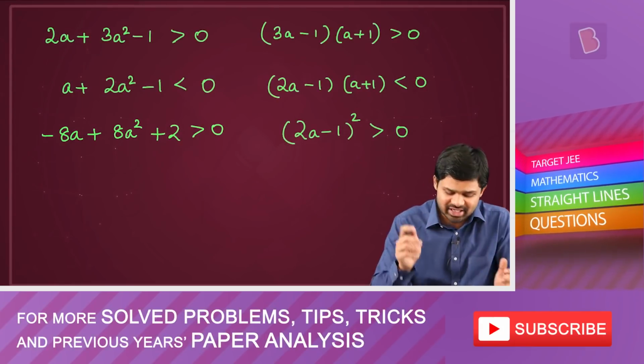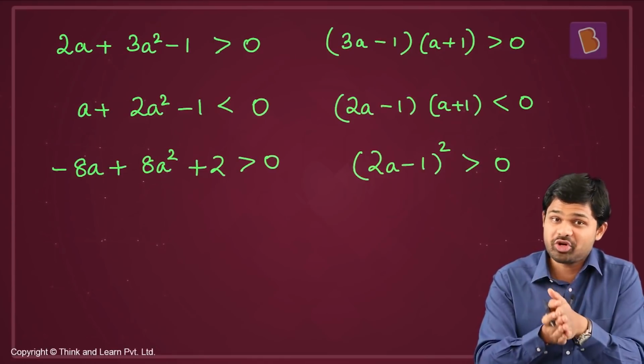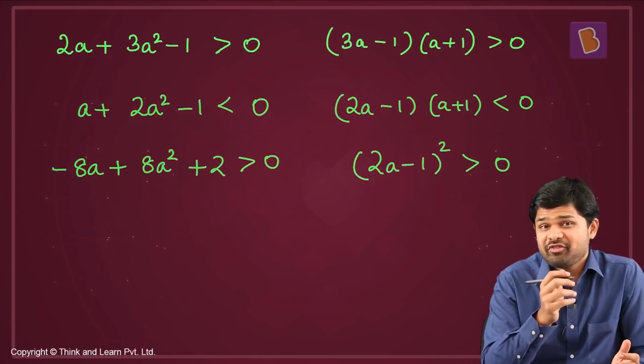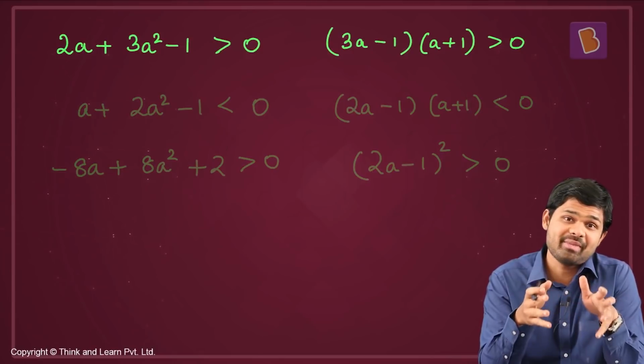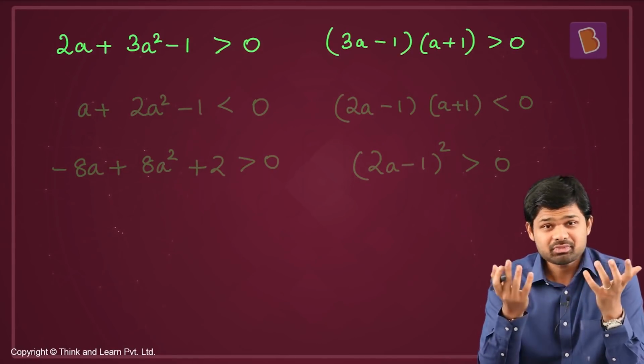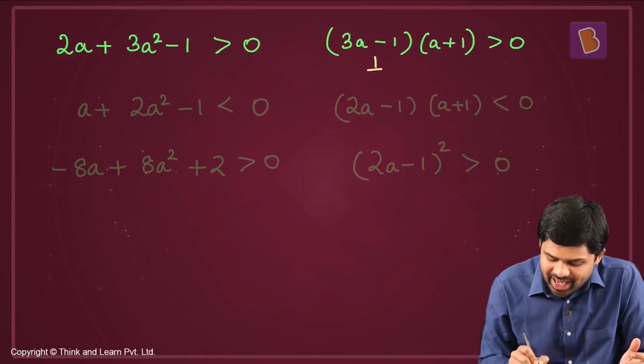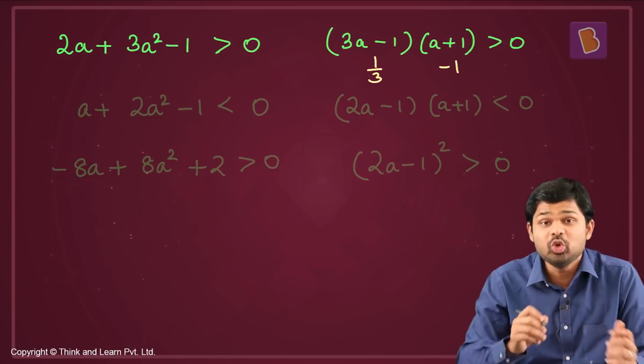To solve them simultaneously, you see that all the three are quadratic inequalities, so you have to solve all the three quadratic inequalities. If you solve the first one, you get the factors (3a minus 1) multiplied by (a plus 1), and this has to be greater than 0. We're going to make use of the very famous wavy curve method. The critical points are going to be a equal to 1/3 and a equal to negative 1.